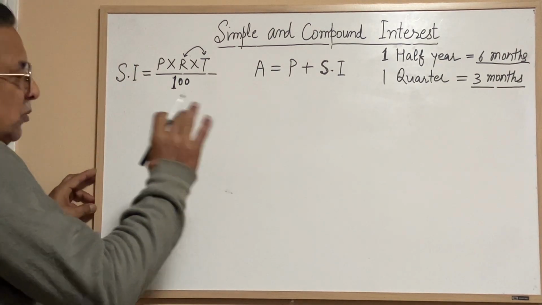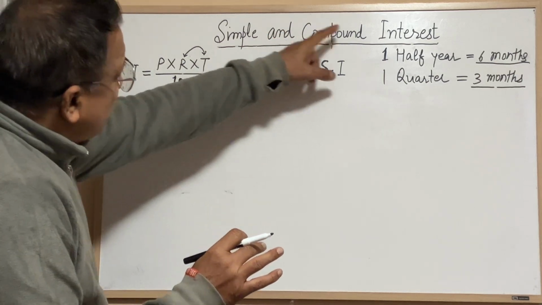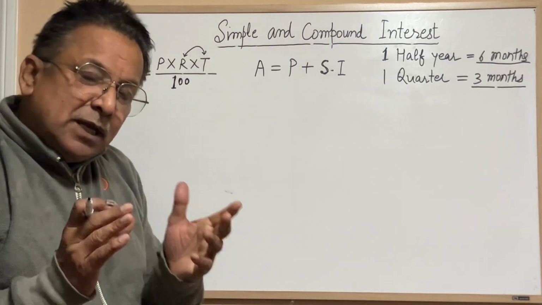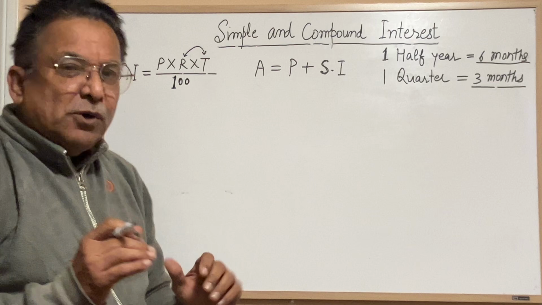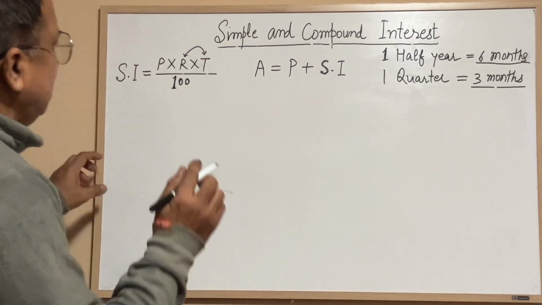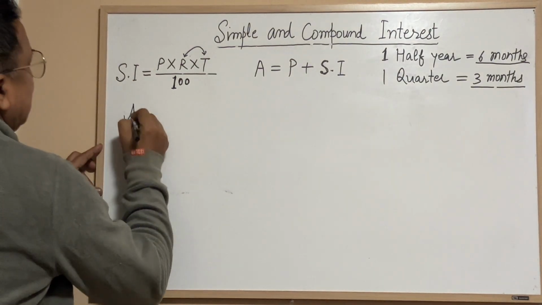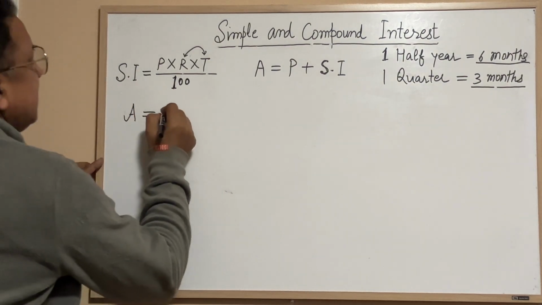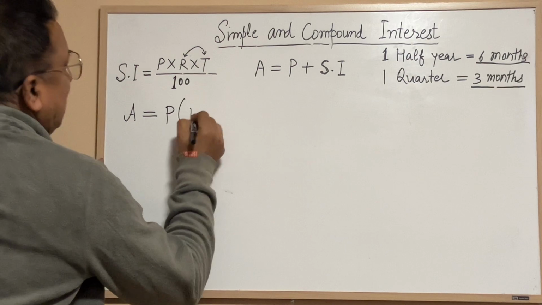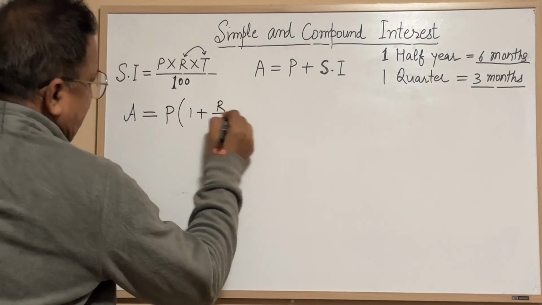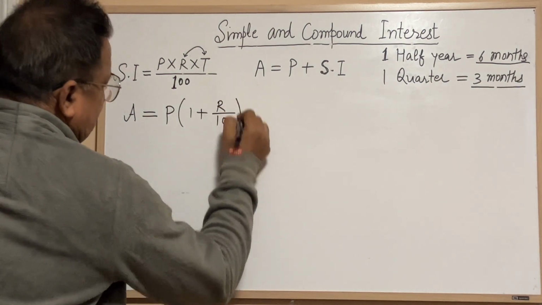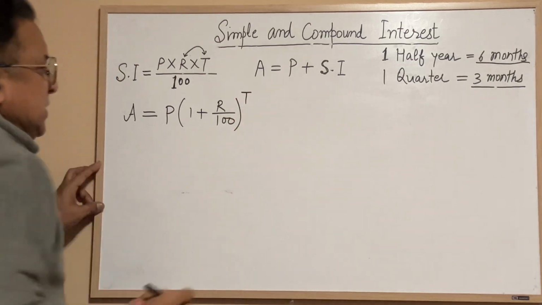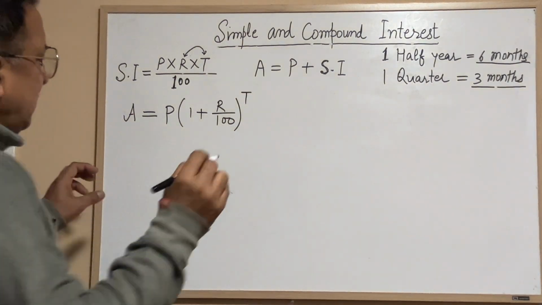Now, how to discuss compound interest? How can we calculate compound interest? Before calculating compound interest, we have to calculate the amount. Amount means total amount. It is equal to principal times 1 plus rate upon 100, its power is T. Be careful.